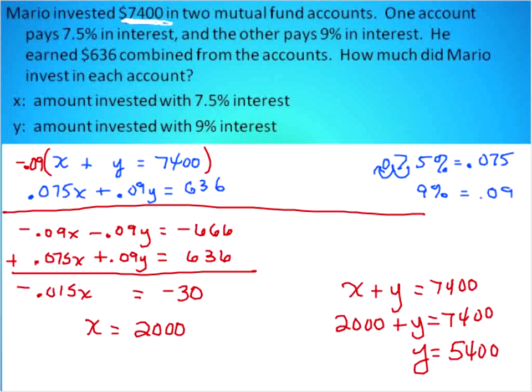So these are our two amounts: $2,000 invested at 7.5%, and $5,400 invested at 9%. And those are our two answers.